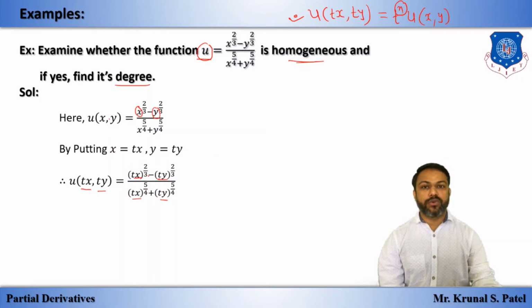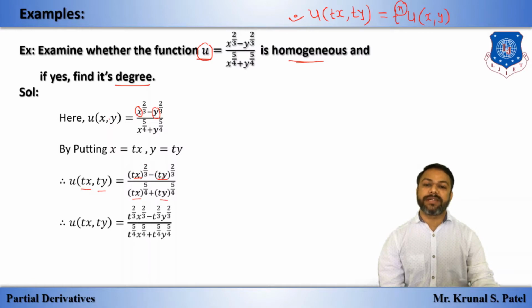We know the rule of indices: tx whole raised to 2 by 3 means t raised to 2 by 3, x raised to 2 by 3, similarly t raised to 2 by 3, y raised to 2 by 3, and the same concept for the denominator. Now here it is clear that we can take t raised to 2 by 3 from the numerator and the same way t raised to 5 by 4 from the denominator.